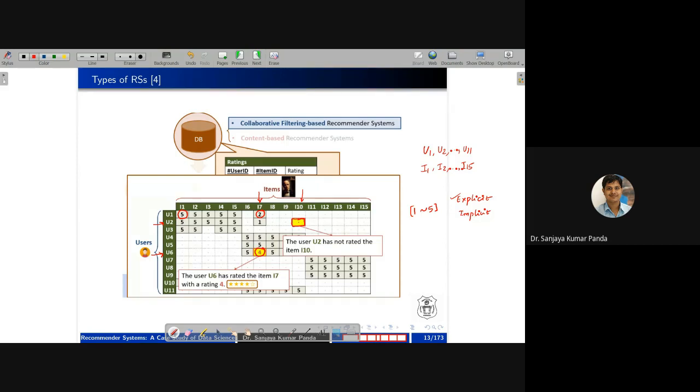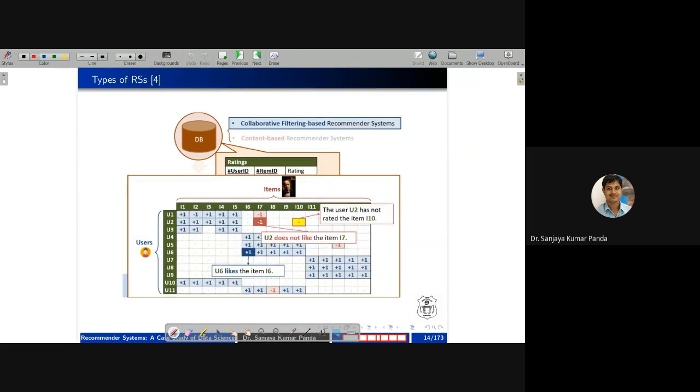Now, not only the rating matrix that looks like this, you can see different variants of the rating matrix. If you look at this one, this is another variant of your rating matrix. Here you can see what this +1 indicates. This +1 indicates user 1 rated I1 as +1.